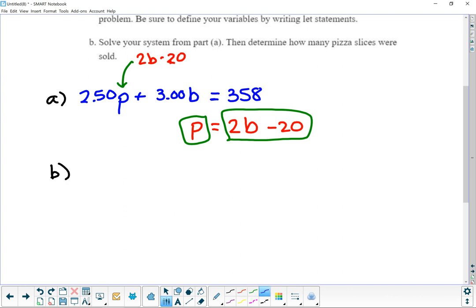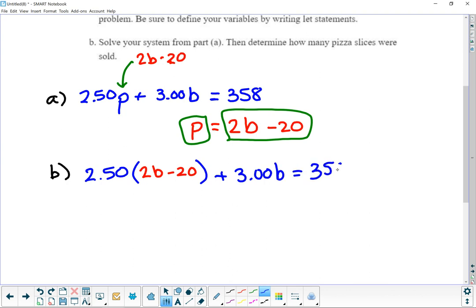We copy that: $2.50 times P, but instead of P, I'm going to write in, you guessed it, 2B minus 20. Plus $3B equals 358.